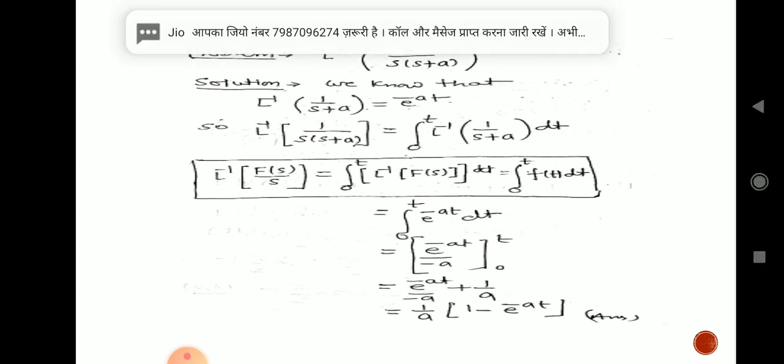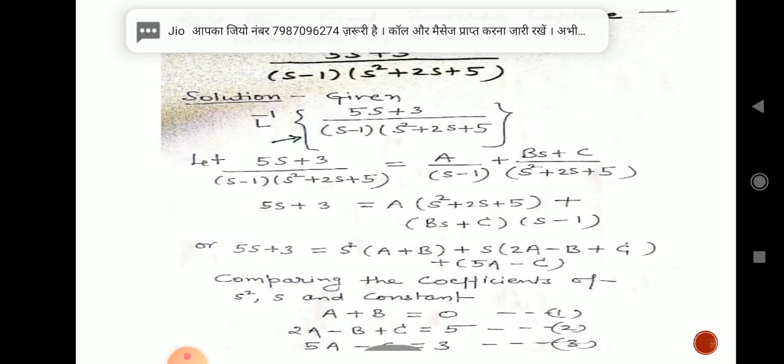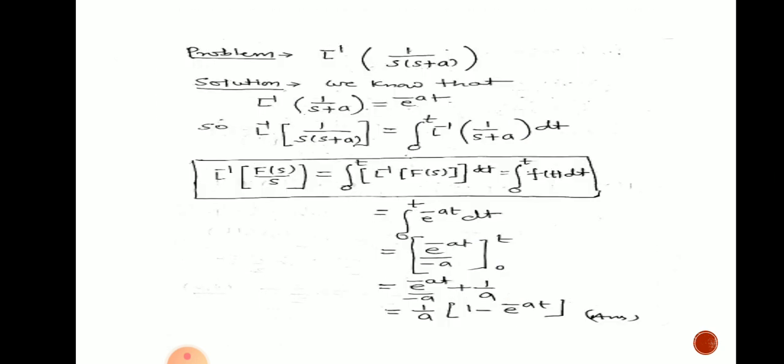After taking the common term, this is equal to 1 by a into (1 minus e to the power minus at). So in this problem we have used the formula of division by s.